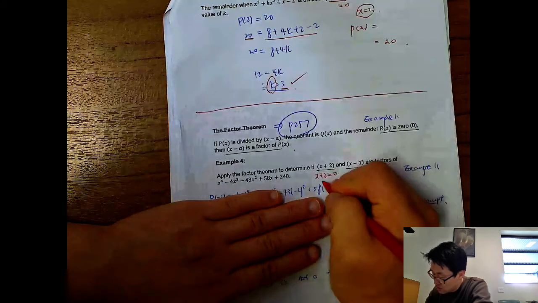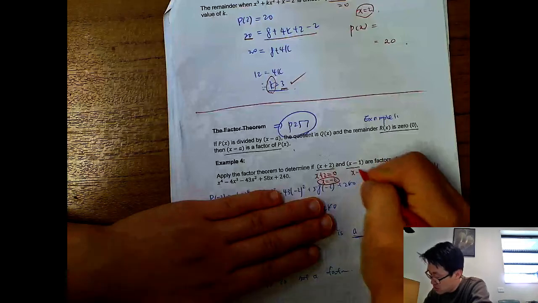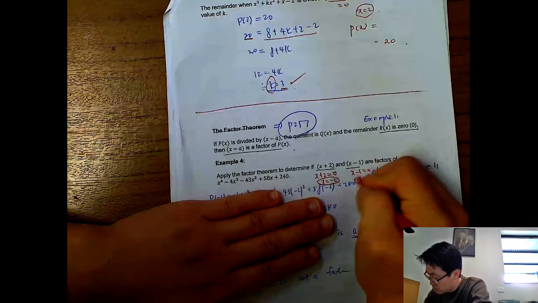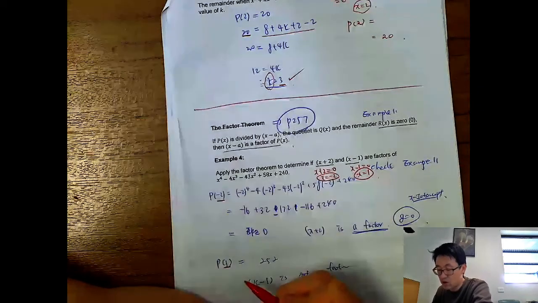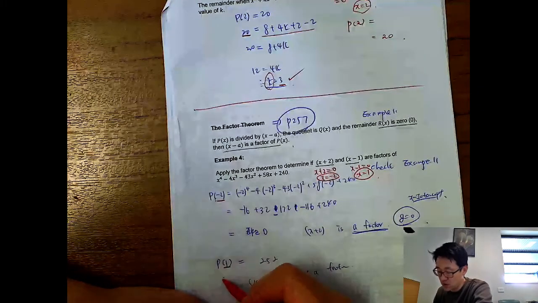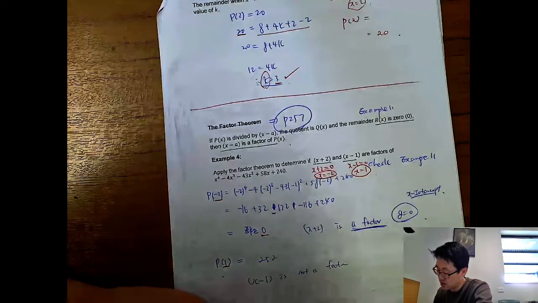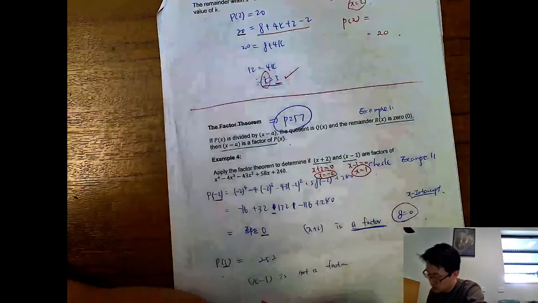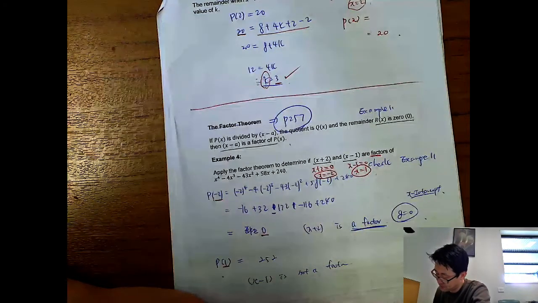Yep. X is minus 2. I can plug in minus 2. X minus 1 equals 0, x equals 1. So I can plug minus 2 and 1 into the polynomial, and then that also has to be 0. If they're both factors, it has to be 0.